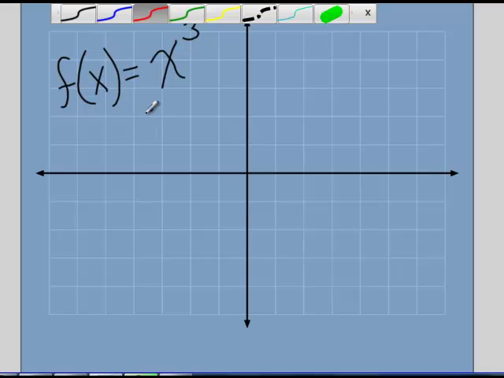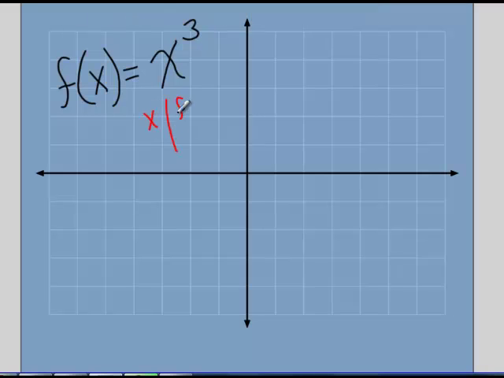If I have my x and my f of x, we again have 0, 0. But now when my x is negative 1, my f of x is negative 1. So that puts me down in this quadrant here. And when my x is 1, my f of x is 1. So it might look like this would be a linear line, but we'll see when we hit 2 that it is definitely not a linear line.